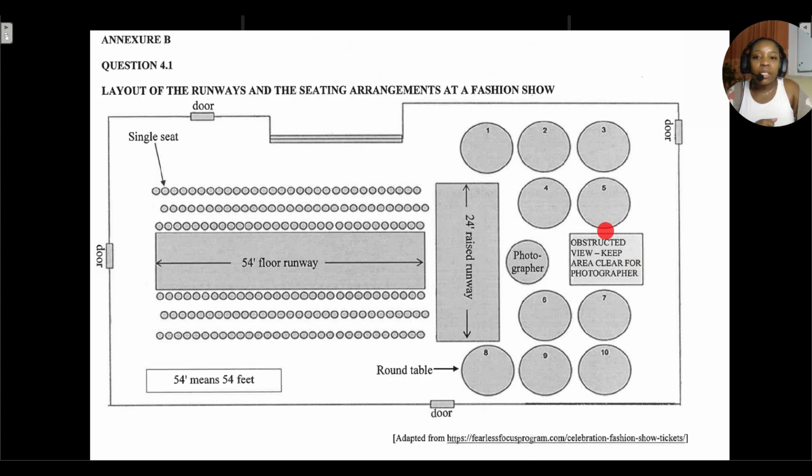So people must keep this area clear for the photographer. There's a door here, there's a door here. These are the single seats. The 54 with that inverted comma means 54 feet, so this is a 54 feet floor runway. This is a 24 feet raised runway. And these are the round tables, and that is also the door there.